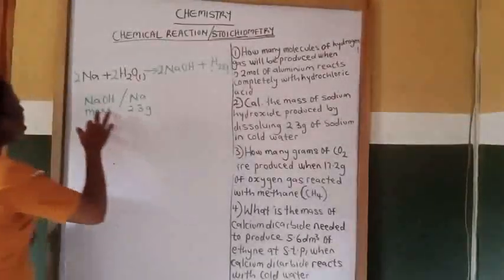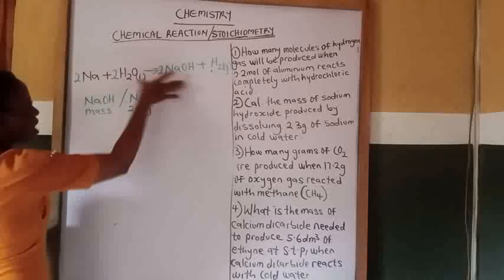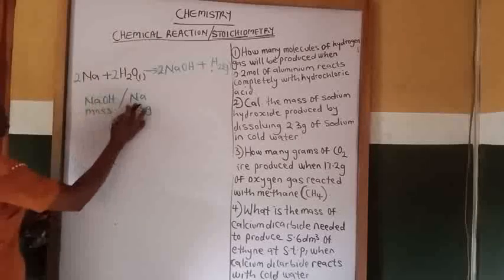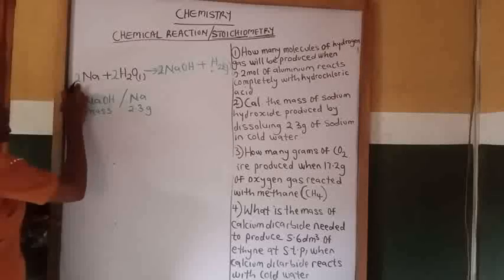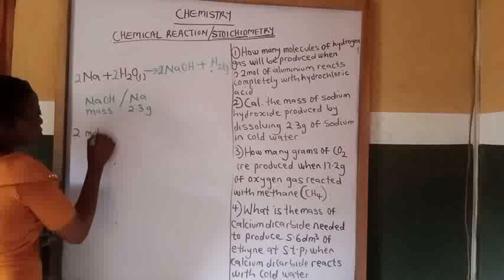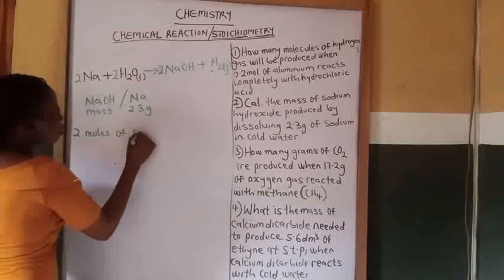Now let's write the number of moles of the two substances out from our equation. We need sodium, so 2 moles of sodium. The coefficient here is 2, which means we are going to say 2 moles of sodium.